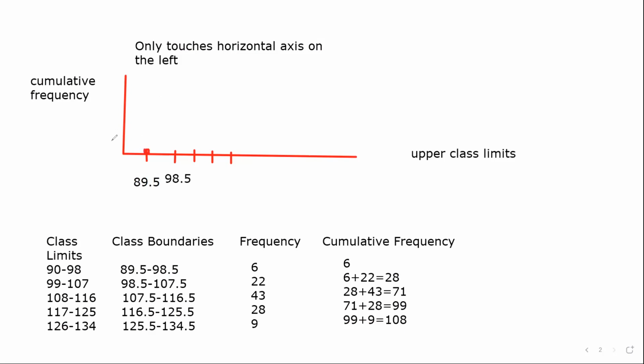Now what you're going to do here is put cumulative frequencies, which are going to go from 6 to 108. So let's count this side by 10 units.